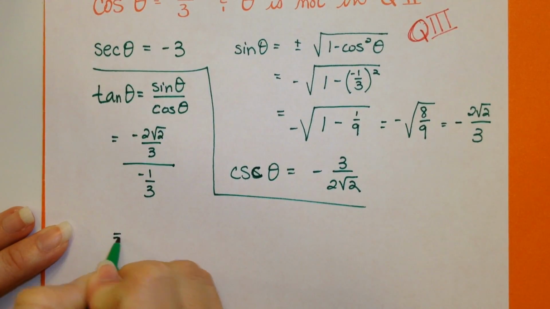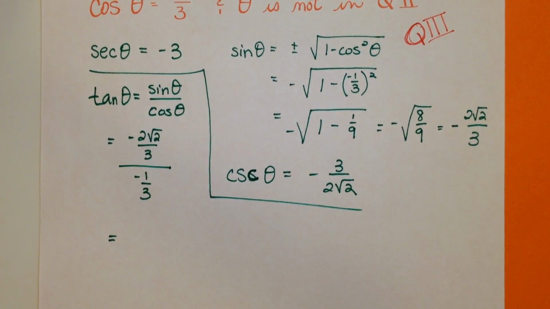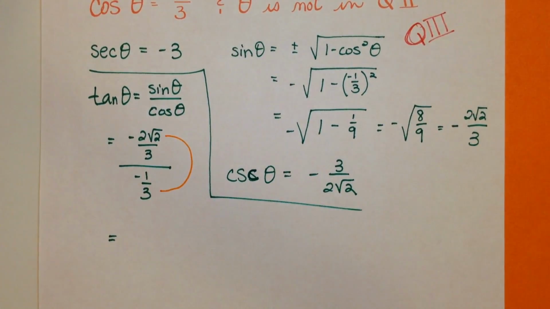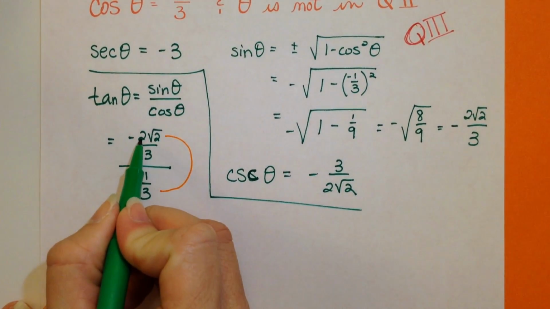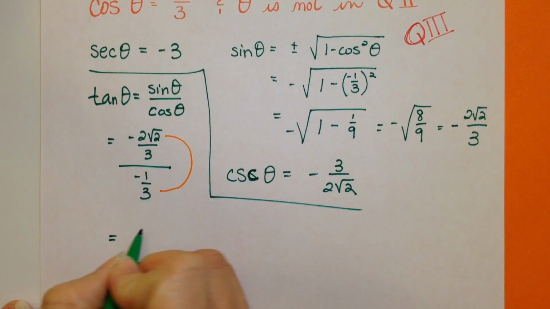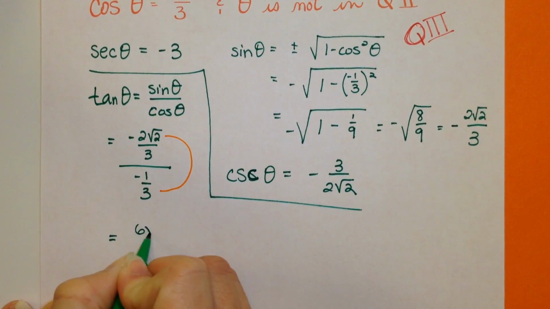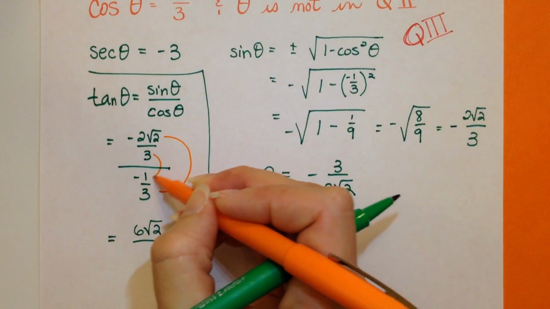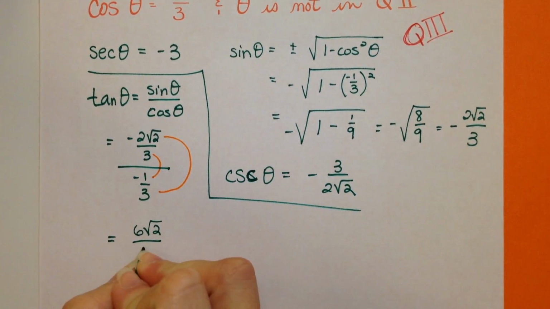Now, simplifying this, remember what I showed you earlier? Let's multiply the ones on the outside. If I do 2 square root 2 times 3, that's going to give me 6 square root 2. And then if I multiply the ones in the middle, 1 times 3 is 3.